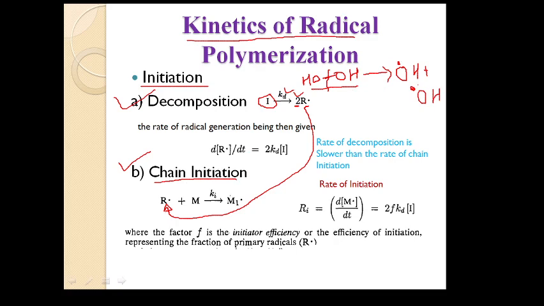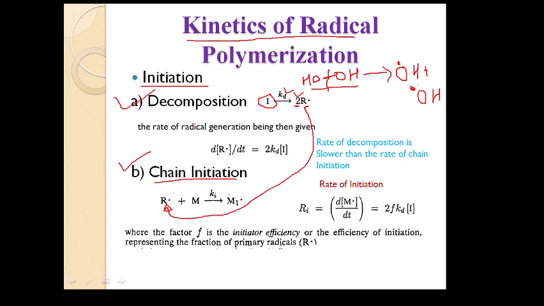If I put this OH radical instead of R dot here, and suppose the monomer is ethylene, that ethylene will react with this radical and one electron of the pi bond is shared with this radical, and another will be shifted onto the carbon.